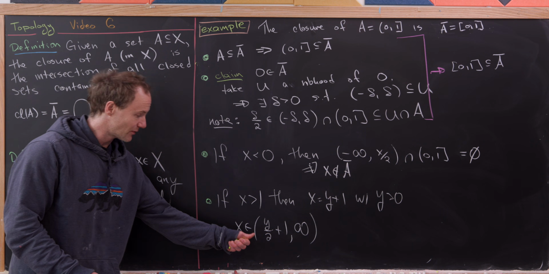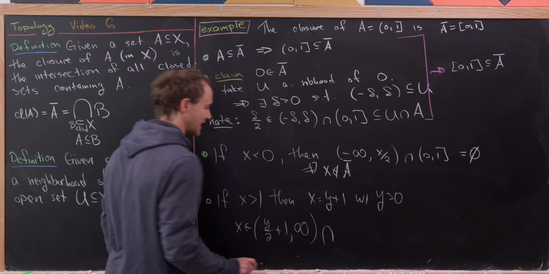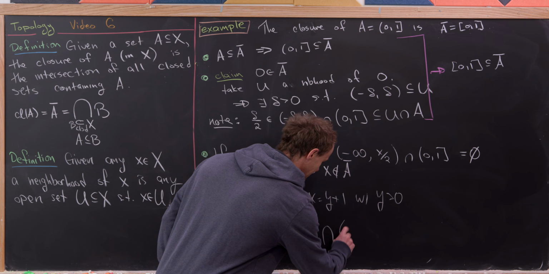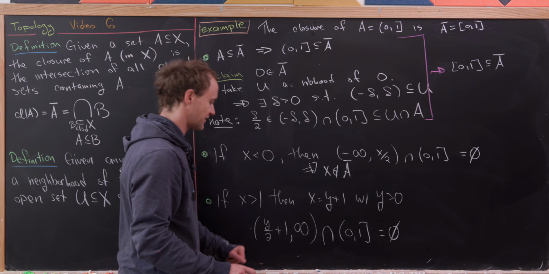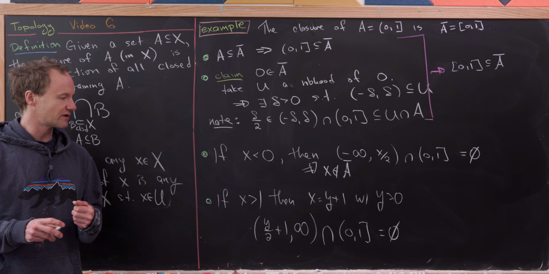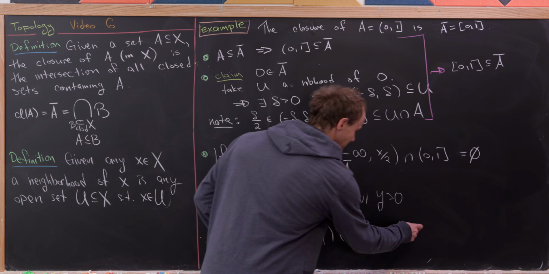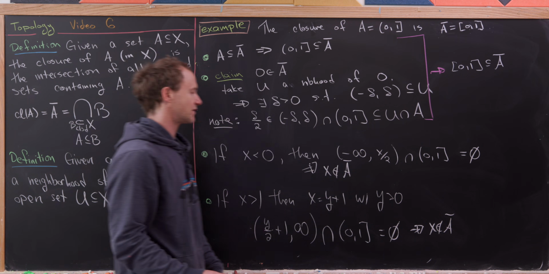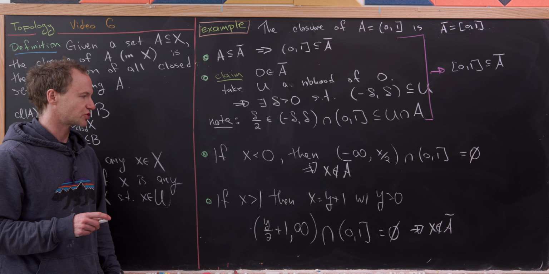But there's a neighborhood that contains x, but let's observe that this neighborhood that contains x does not intersect our half open interval from 0 to 1. So let's take this off because we did that intersection. So in other words, what we just constructed was a neighborhood containing x that does not intersect A, but that means that this x is also not in a closure.